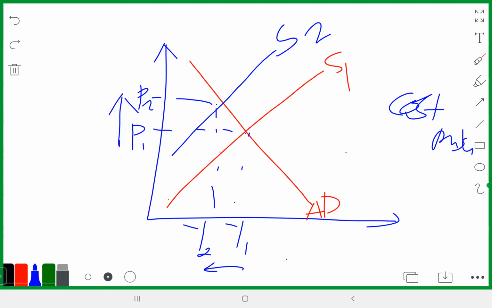All right, so the increase in wages and salaries, right? That's the increase in the cost of labor. So when labor is costly, what will happen is that people will reduce supply.